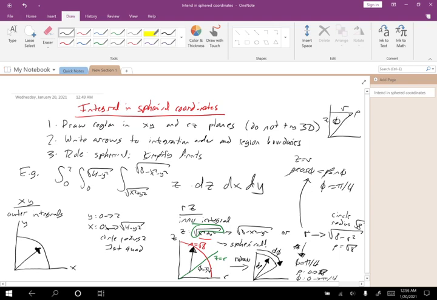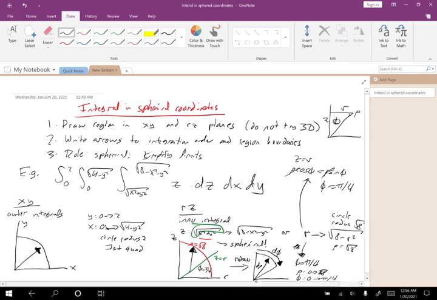So what did I just do here? I noticed that our integration in z was not meshing with spherical coordinates. So I said, how do I draw this cone, or this region, in just spherical coordinates? And what does that mean my integration has to be?